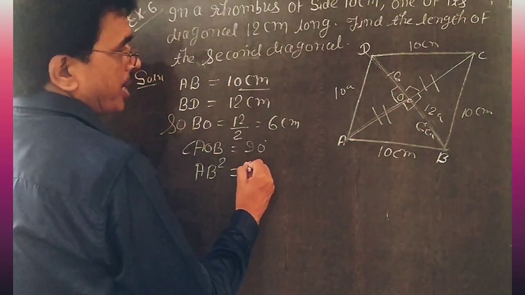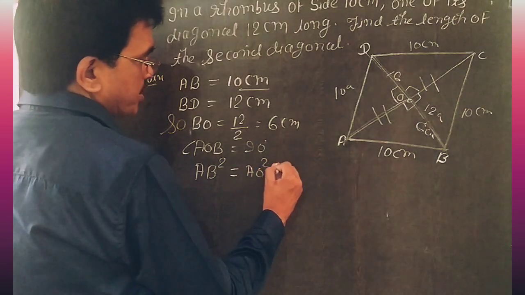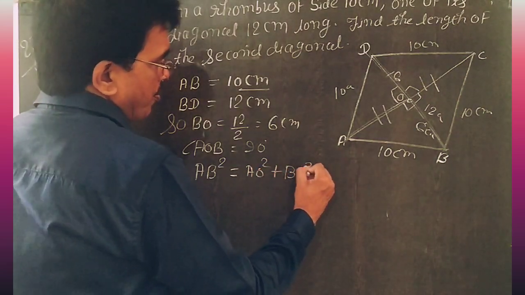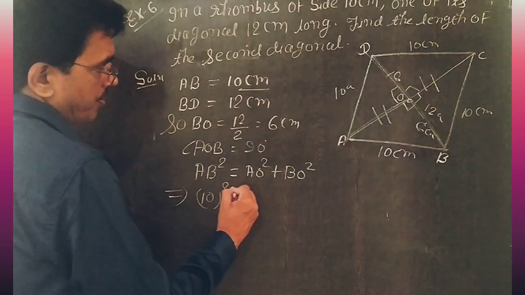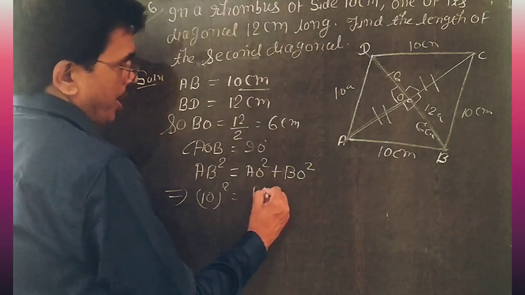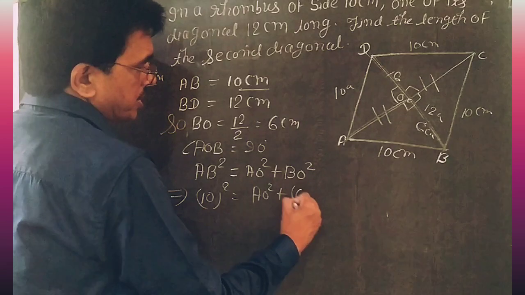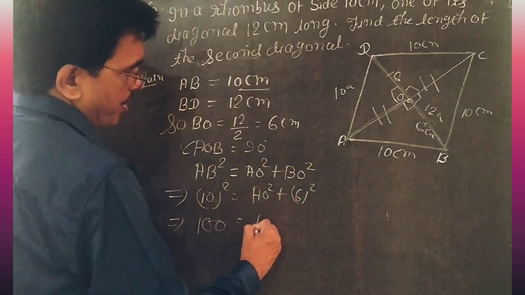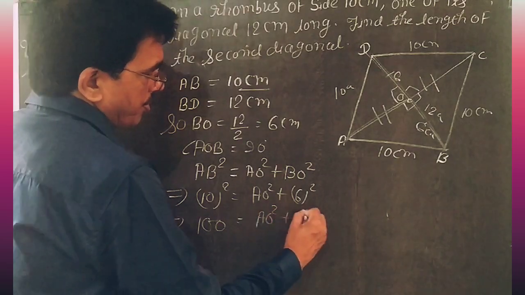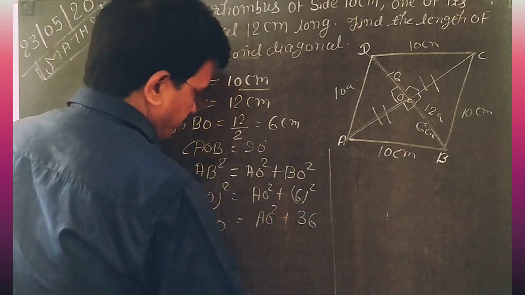So AB square is equal to AO square plus BO square. Then 10 square is equal to AO square plus 6 square, that is 100 equals AO square plus 36.